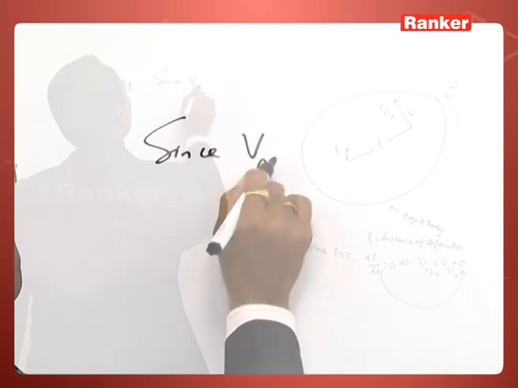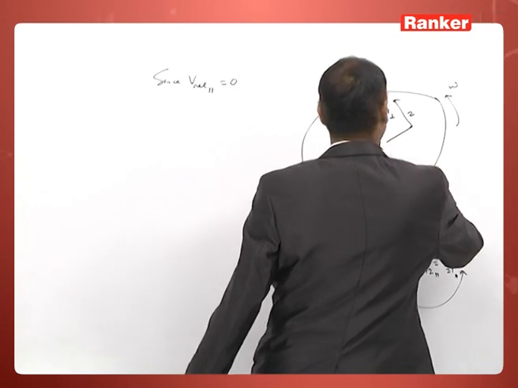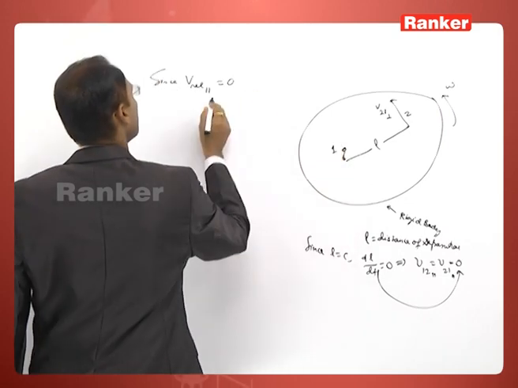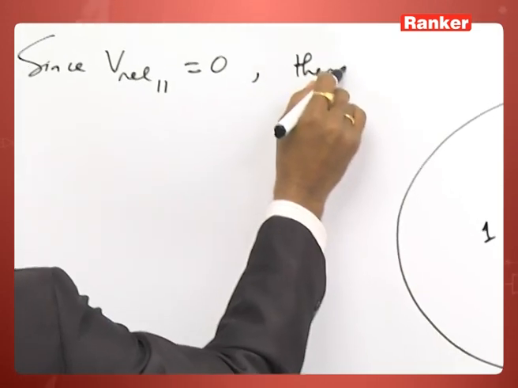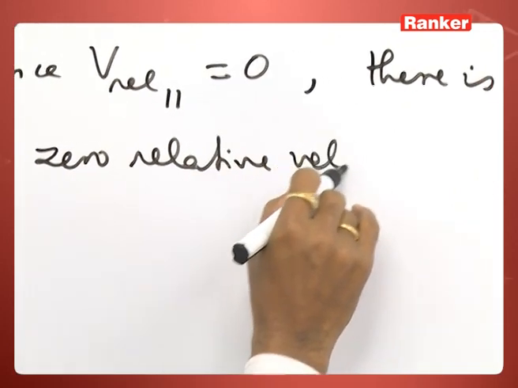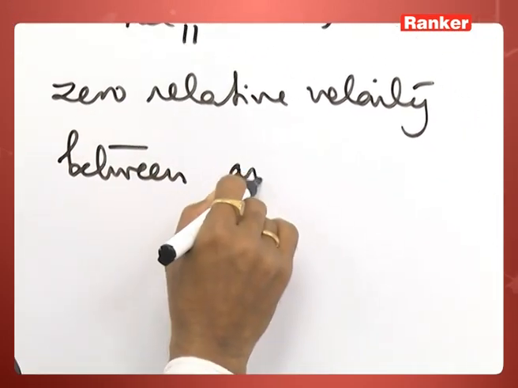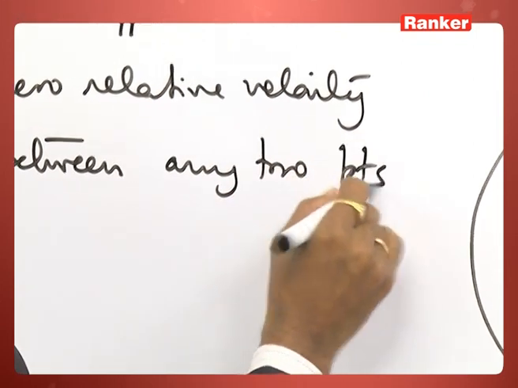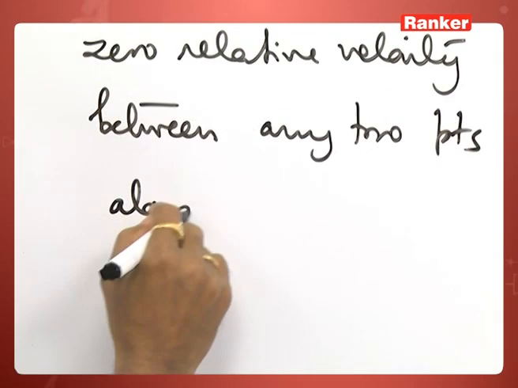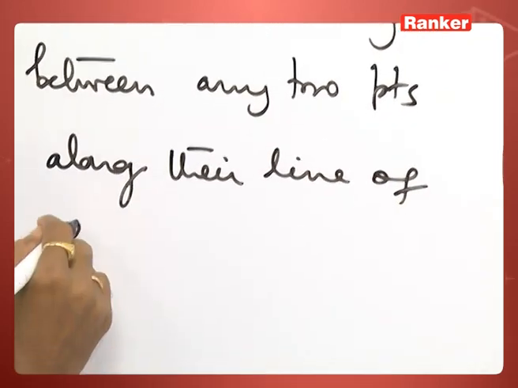Since V relative parallel is along the line of separation, the relative velocity component is called the parallel component. I take it the parallel component is 0. There is 0 relative velocity between any two points along the line of separation.